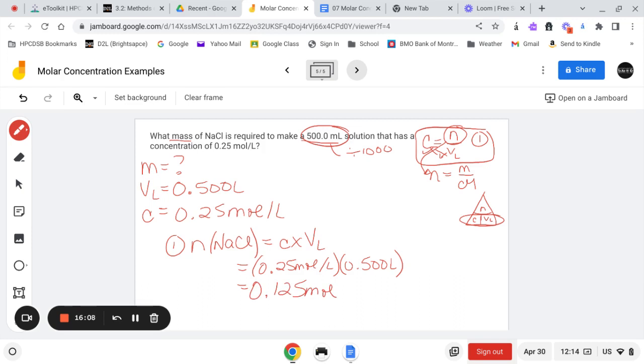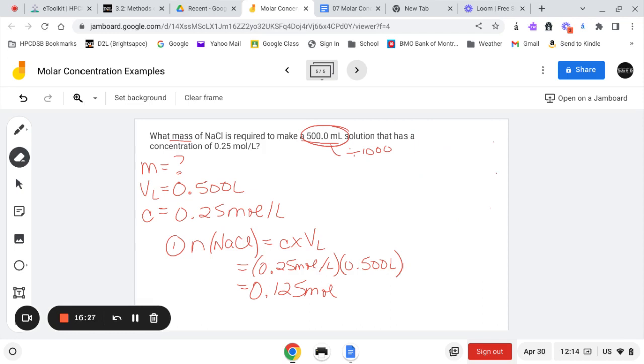And then I need to do a second step. So I now have to use this formula, and I'm going to cross multiply moles times molar mass. Okay, so step 2 is me solving for the mass of sodium chloride by taking moles times the molar mass of it. We know the moles, it's 0.125 mole.